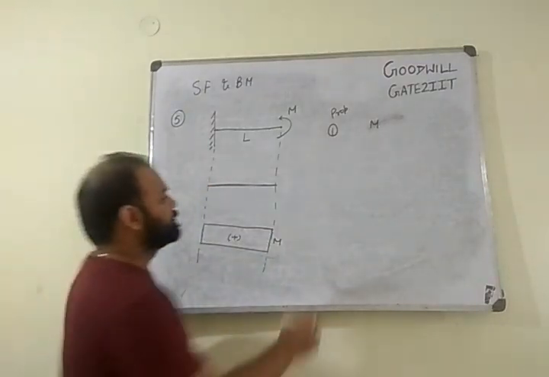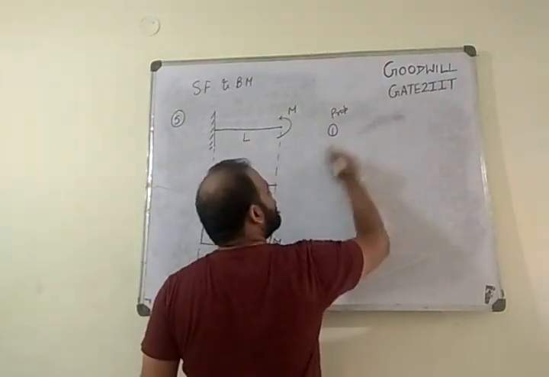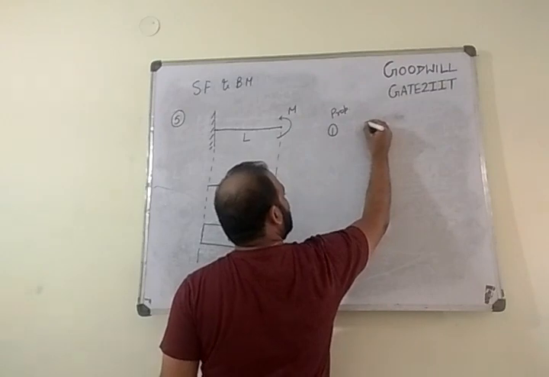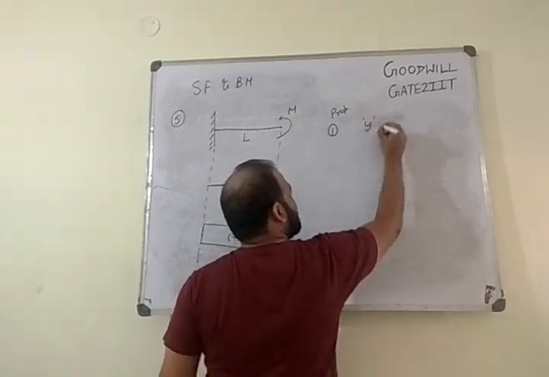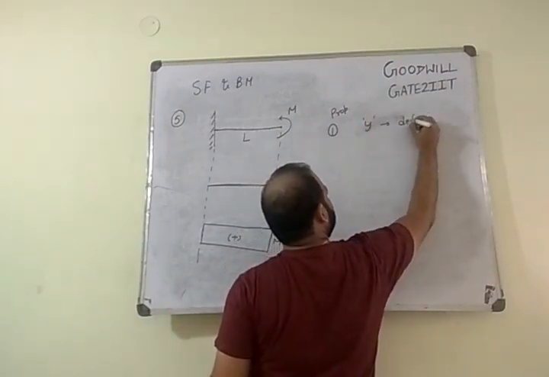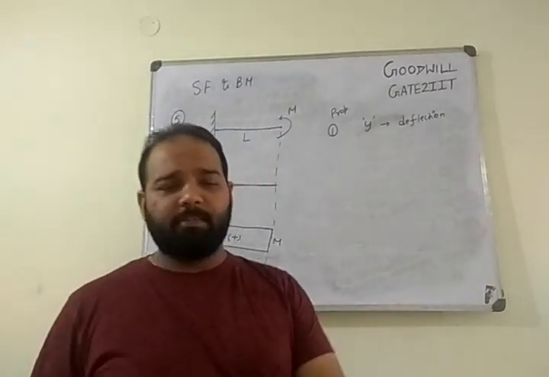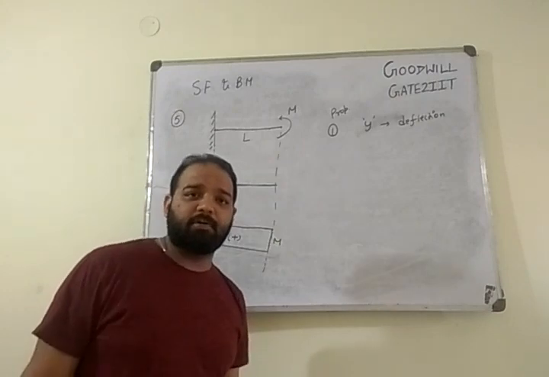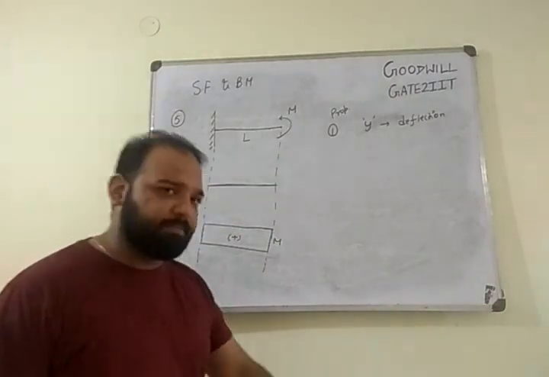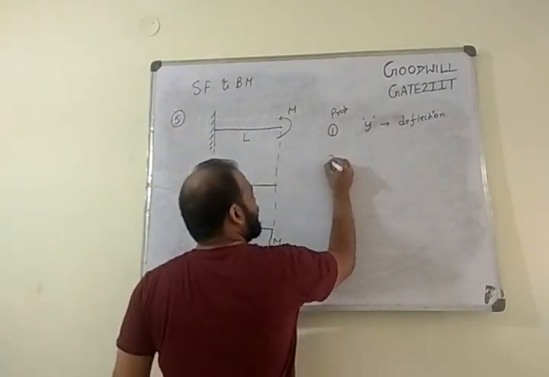Let's give you an overview of the entire problems. Y, we'll say, is the deflection of the beam. So when someone says calculate the deflection of the beam, you'll say y is equal to WL cube by 3EI, and y is equal to WL cube by 48EI, depending on the calculations you do.